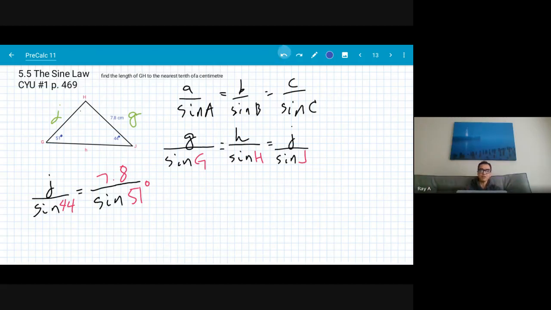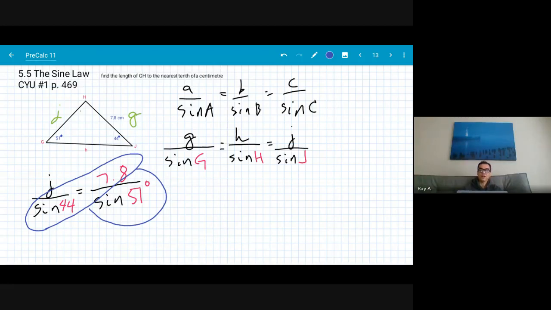What does that mean? To solve this, you will create a Mexican hat like this. The two numbers that are diagonal, you will multiply, and then the remaining number you will divide by.